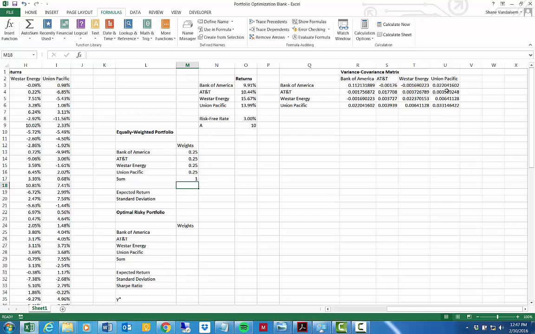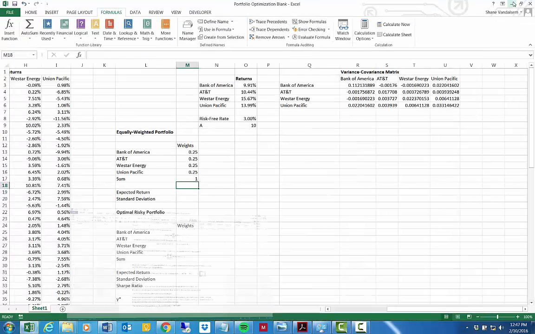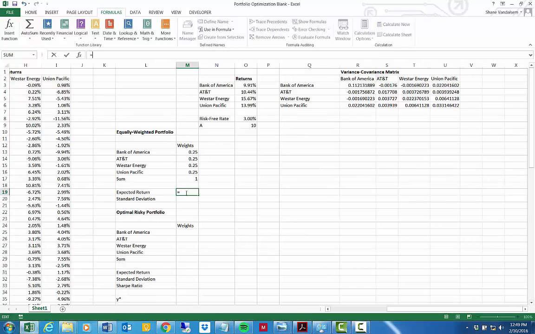So our expected return, if we go back to the document that we went over earlier, is going to be equal to the weights transposed, so we get a row instead of a column, multiplied by the expected returns. So to calculate the expected return, I put in equals MMULT for matrix multiplication, and then the word TRANSPOSE, because I want to turn my column of weights here into a row of weights.